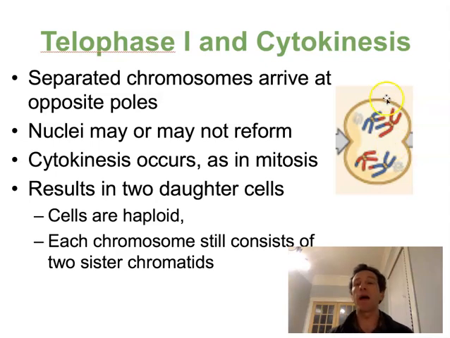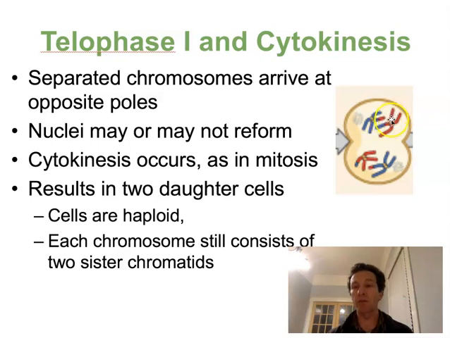These cells that have now formed are going to be considered haploid cells once cytokinesis occurs. They are haploid because we still have 2 sister chromatids comprising each chromosome, but now these are identical sister chromatids to each other.